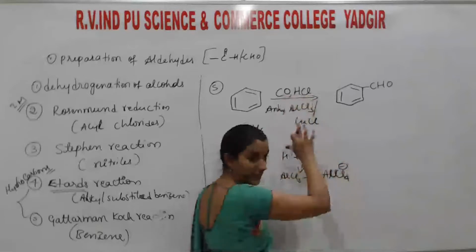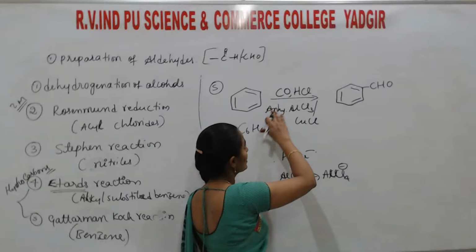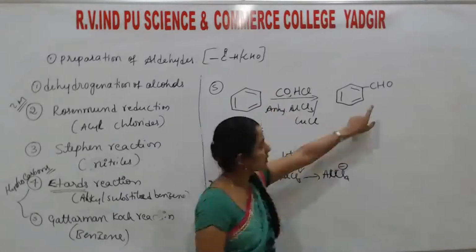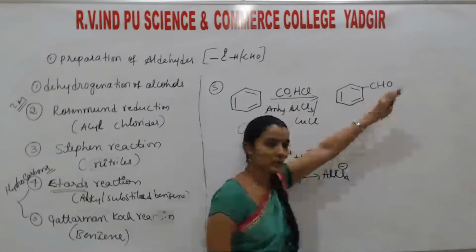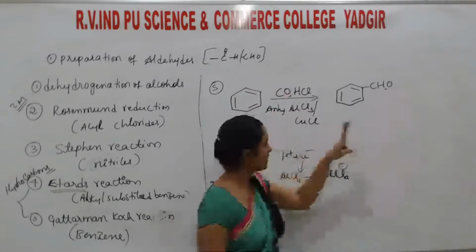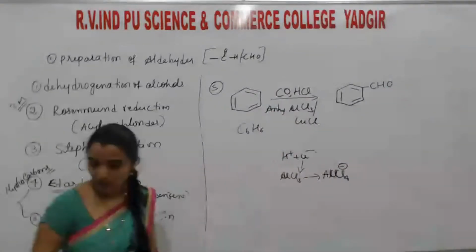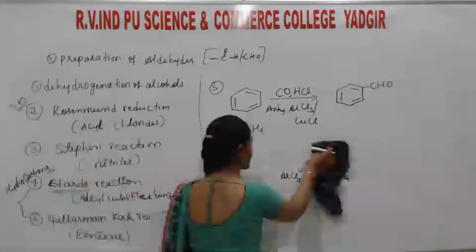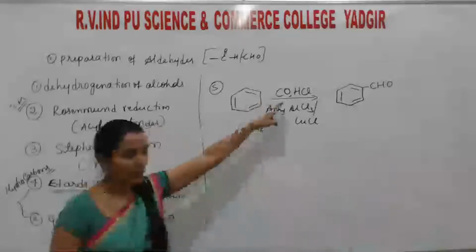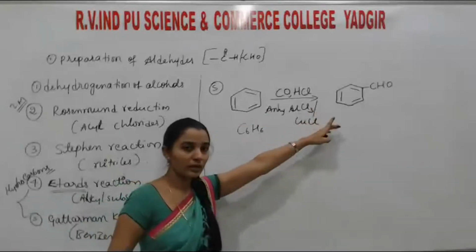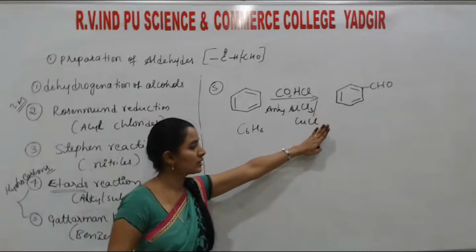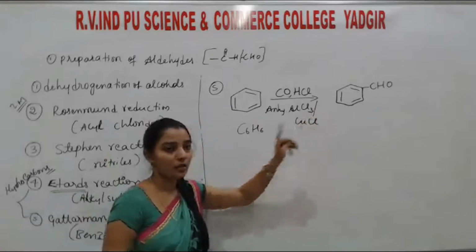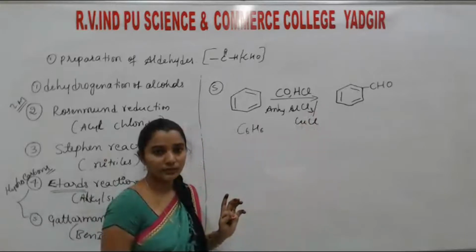This H plus acid helps with the resonance and the addition of CO. Understand? This is the Gattermann-Koch reaction. If you write this benzene and the reagents, then you will get the aldehyde. Only one step reaction. Understand?